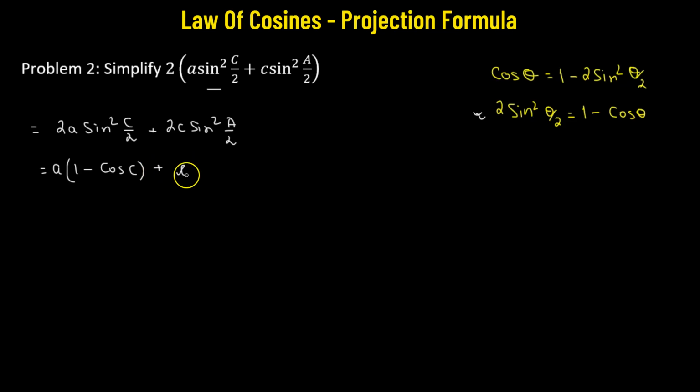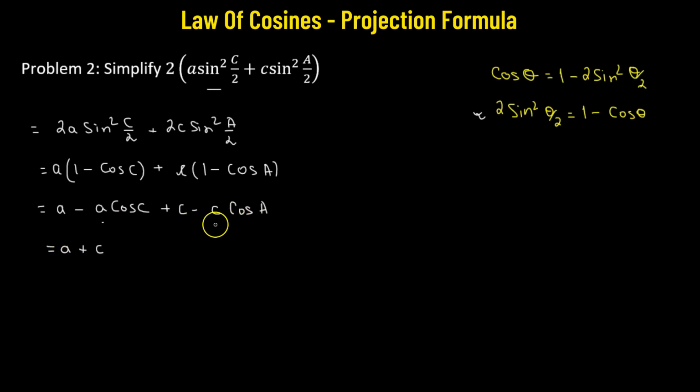And for the second one, we have c multiplied by 2 times sine squared a over 2, so we're going to get 1 minus cosine of a. So this will be equal to a minus a times cosine of c plus c minus c times cosine of a. So we're going to get now a plus c.